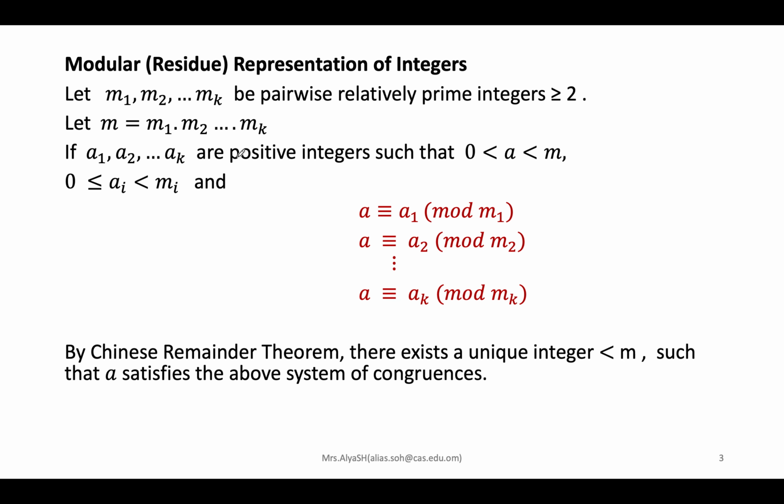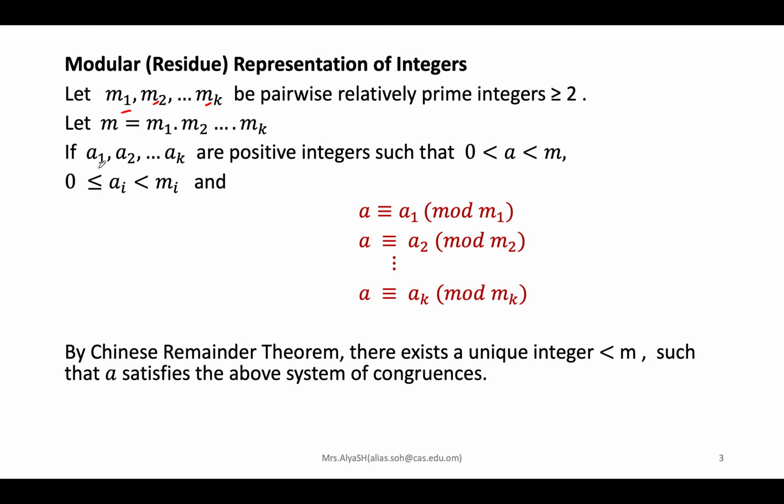So, modular representation of an integer is when I have m1, m2, mk, and they are relatively prime integers greater than 2. Then m is equal to m1 times m2 times mk.